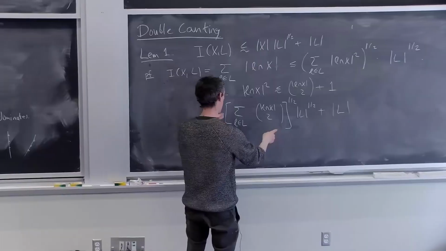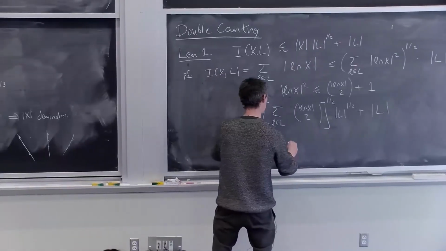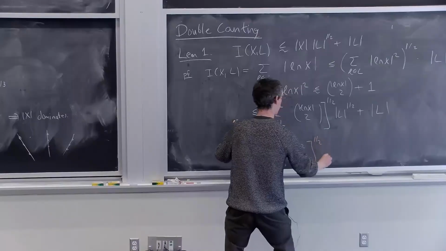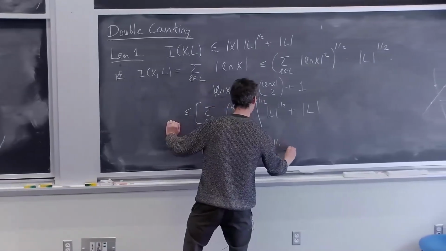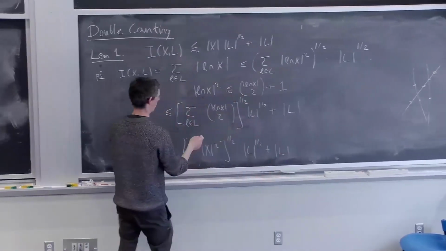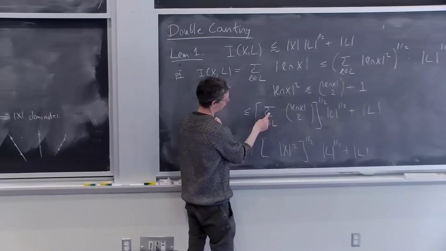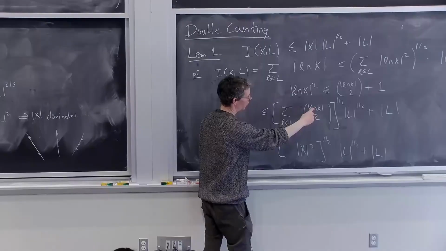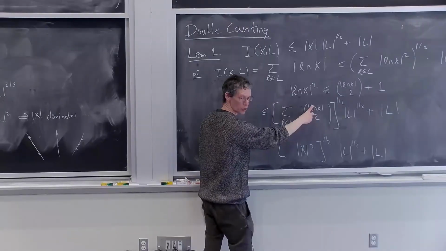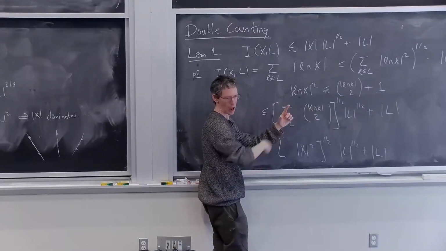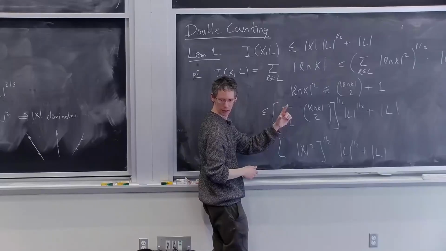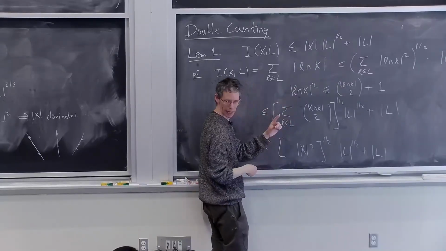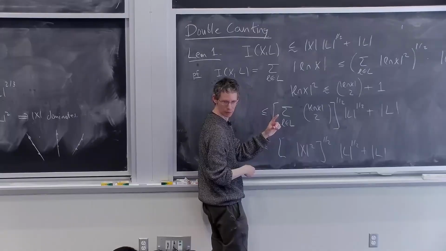All right, and now the key point is that that is smaller than that. So what are we counting here? For each line, we're considering pairs of points on that line. But you could also sum over all the pairs of points and then ask how many lines go through that pair. And there are at most this many pairs of points, and for each one of them there's only one line. So that's the double counting.